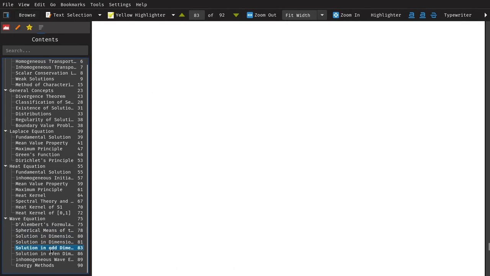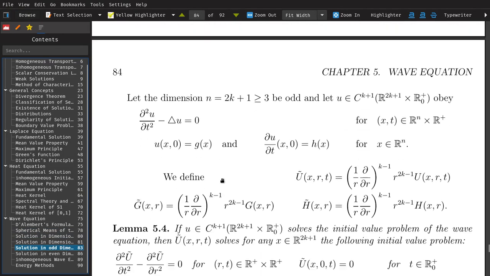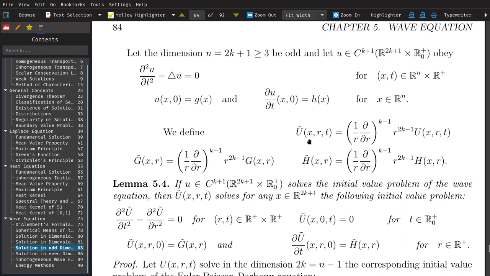In odd dimensions, it is this transformation here. This u tilde is: you take u and multiply it by some power of r, and then you take some derivatives and multiply them as well. Maybe it's not that nice, but at least it's a closed formula, it's not too bad.